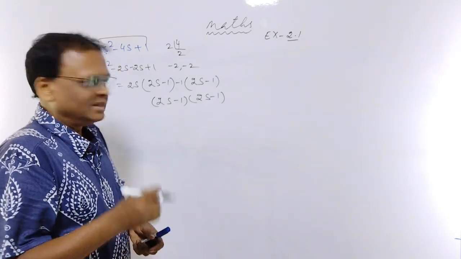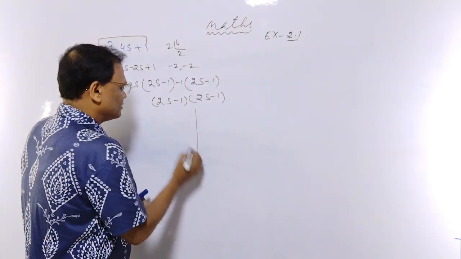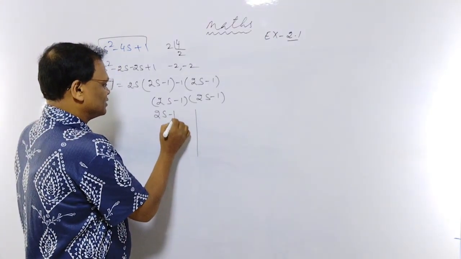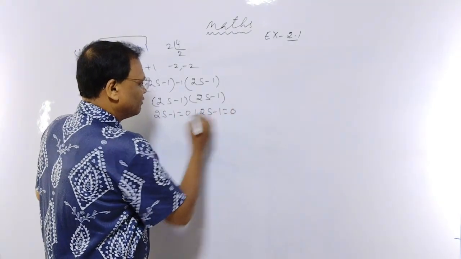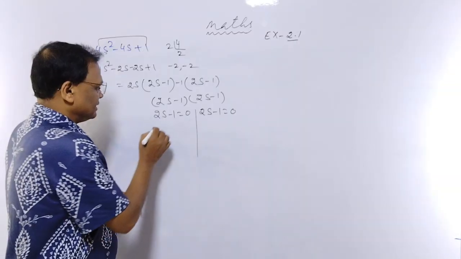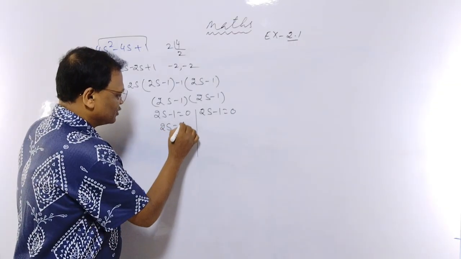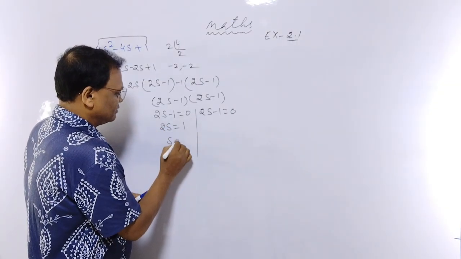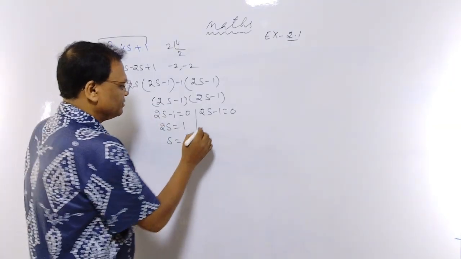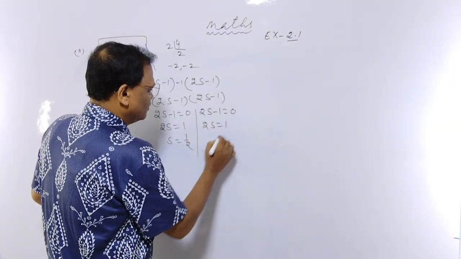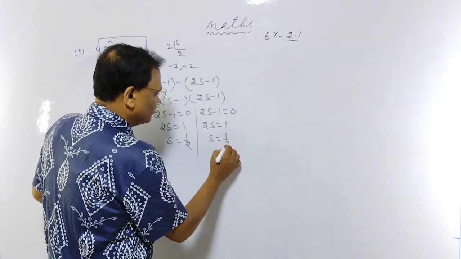If I want to find the zeros, each one I have to consider as 0. 2s minus 1 equals 0. Again 2s minus 1 equals 0. This further gives me 2s is equal to 1, so s is equal to 1 by 2. One zero I got. Second zero, 2s is equal to 1 and s is equal to 1 by 2.